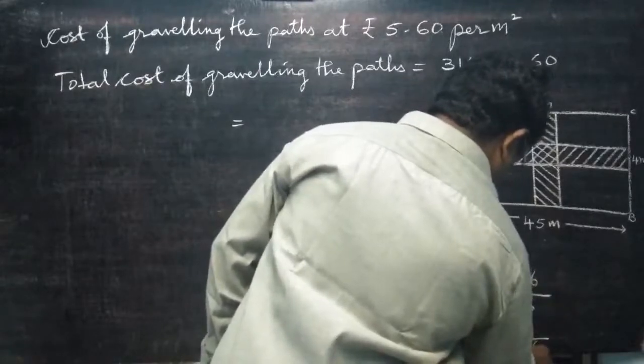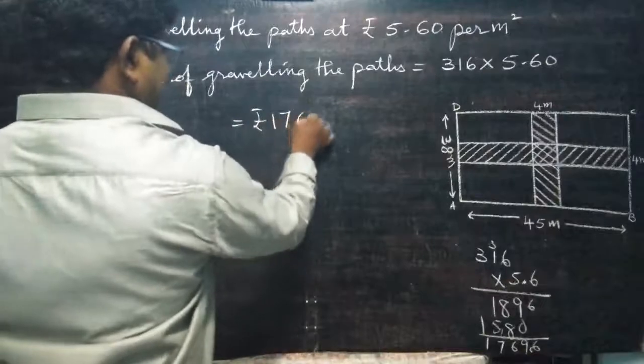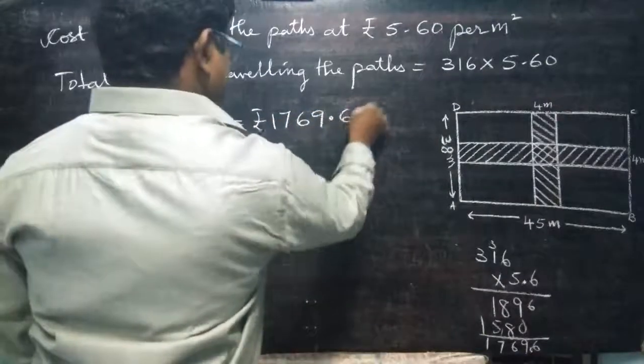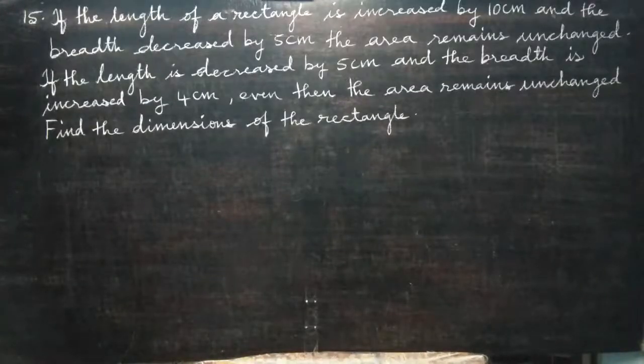Decimal after one digit. So how much we got means rupees 1769.60 paise. Therefore, the cost of graveling the paths is equal to rupees 1769.60 paise.